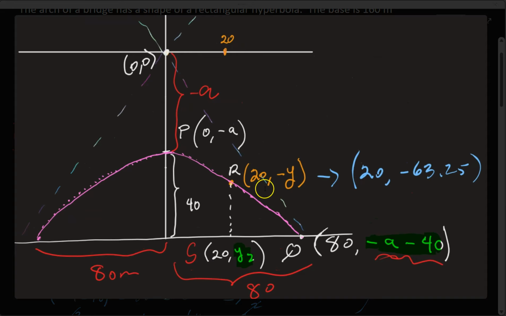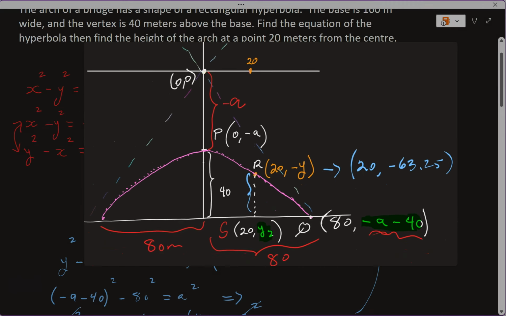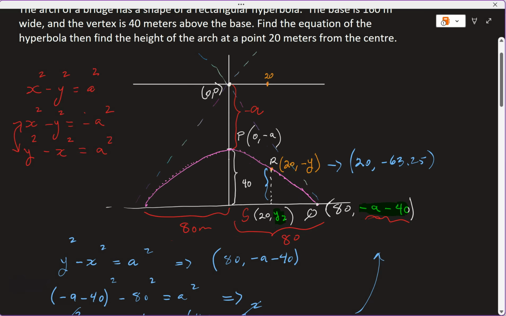Now we have the coordinate R is 20, negative 63.25. But then you also realize that y2 was negative 100. So we want to know the distance between R and S. So we want this distance right there. So what would you do? That's 100 minus that, and then you get that distance.